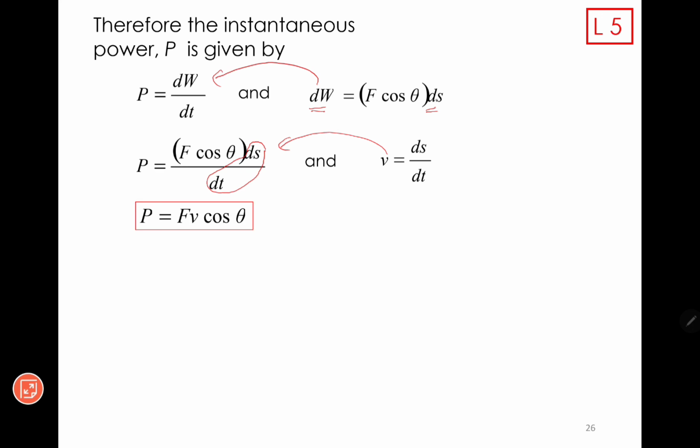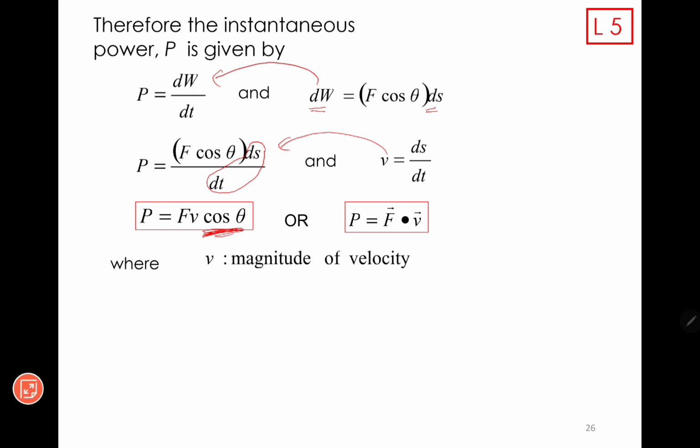Substitute into this equation, alright, and then you will get P equals Fv cos theta. So remember in chapter 1, by having cos theta, we are talking about a dot product, isn't it, which is a scalar. So the equation still equals, okay, P equals vector F dot vector V. Okay, again, what is F? What is V? F stands for force, and V stands for velocity.